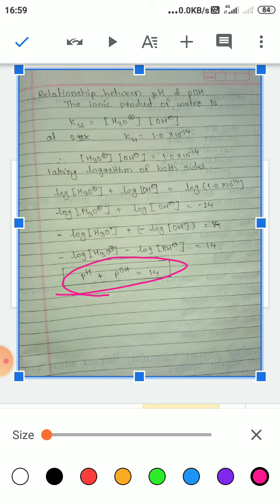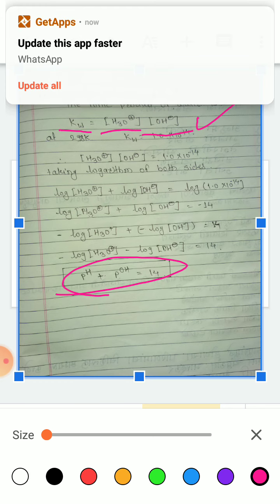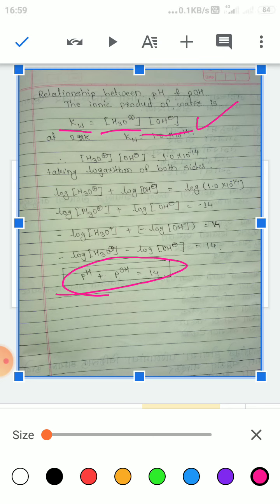See once again what we have taken. First we have taken the equation we previously prepared for the ionic product of water. The ionic product of water is denoted by Kw, and the equation is Kw equals the concentration of H3O+ ion into the concentration of OH- ion.